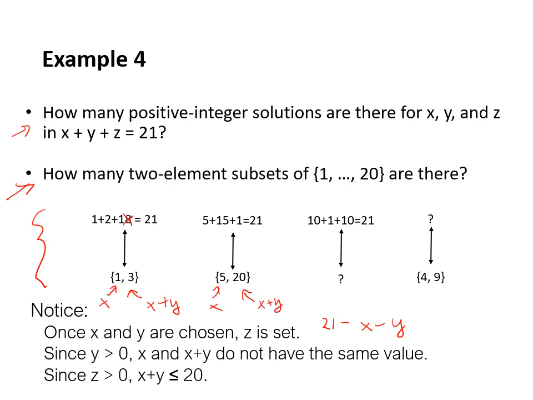So if we apply this strategy, 10 plus 1 plus 10 is equal to 21 is going to correspond to the subset {10, 11}, and {4, 9} is corresponding to the solution where x is 4 and y is 5, because x plus y has to be equal to 9. And then we have to compute z. z is equal to 12, and that sums to 21. So that sets up the correspondence, and now we can easily calculate the number of these solutions.